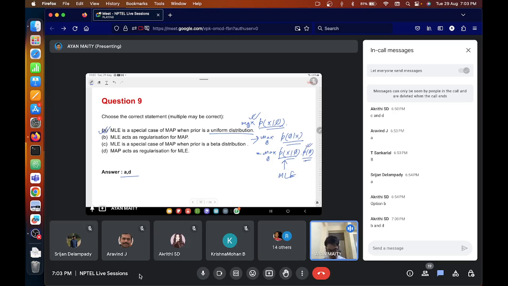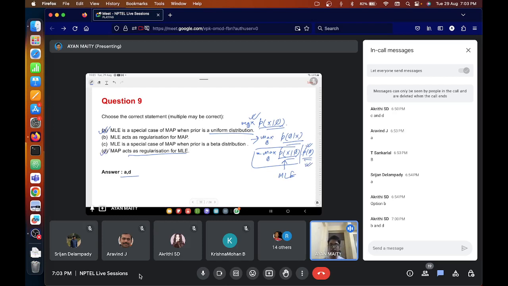Then MAP becomes MLE only if p theta is uniform and known beforehand. So this becomes the same as MLE estimation. So option A is correct. And option D says that MAP acts as regularization for MLE. This is actually right, since the prior distribution acts as regularization for the MLE estimator.